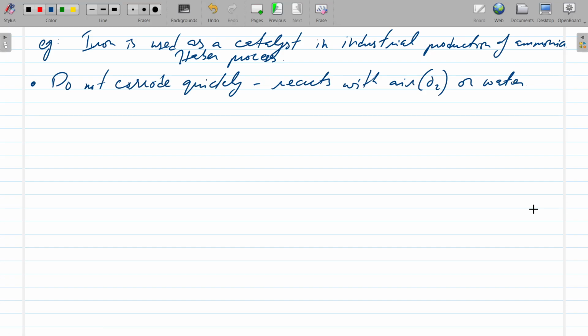If you've ever seen iron rusting, that is corrosion. And other metals also form rust. So if you've got a piece of silver jewelry and you see that it's blackening, that's actually rust for that silver. So it doesn't happen very quickly. It's not that they don't corrode, they don't corrode as quickly.